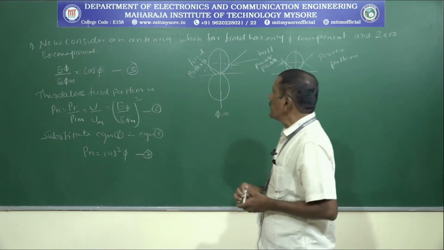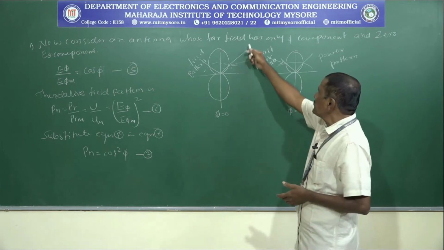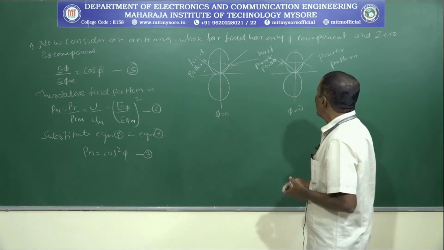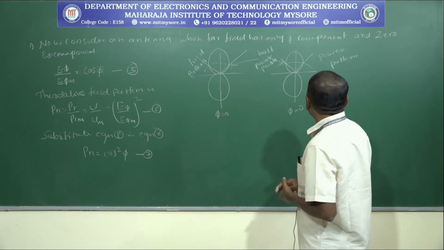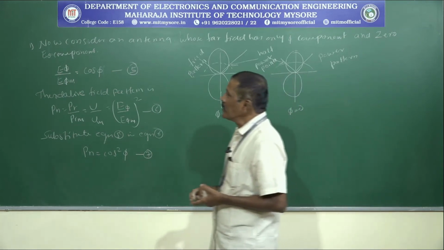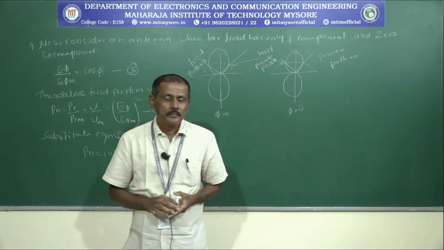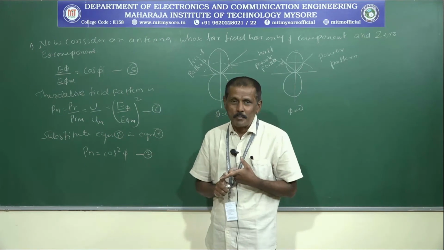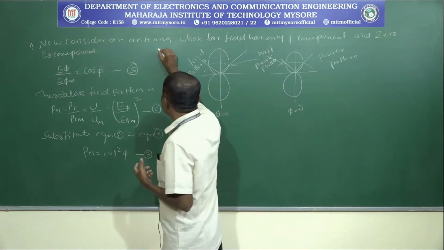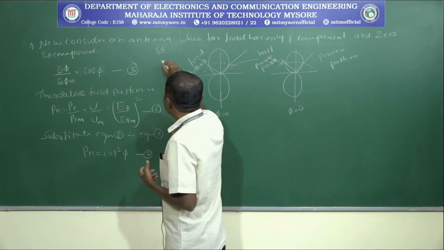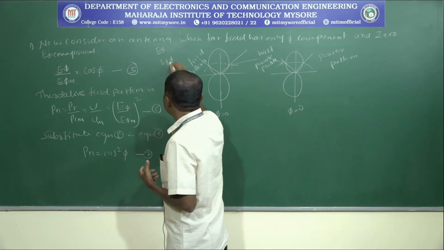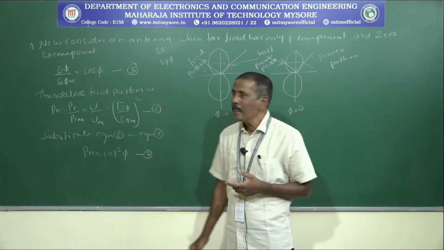Now, consider an antenna whose field pattern has only a phi component and a 0 theta component. That means the E theta component is not present, and only the E phi component is present.